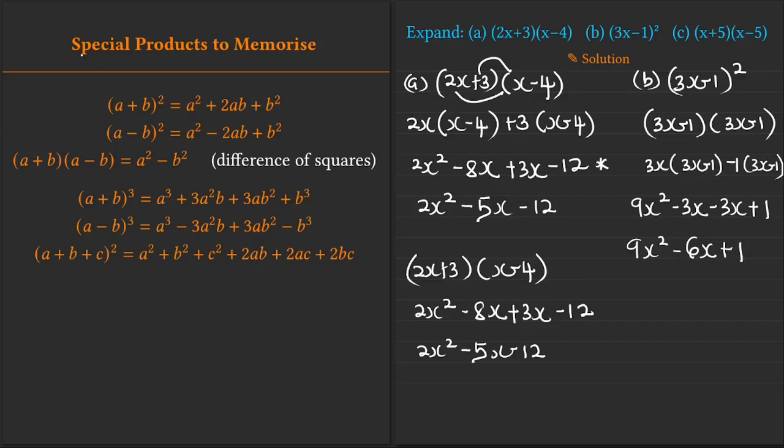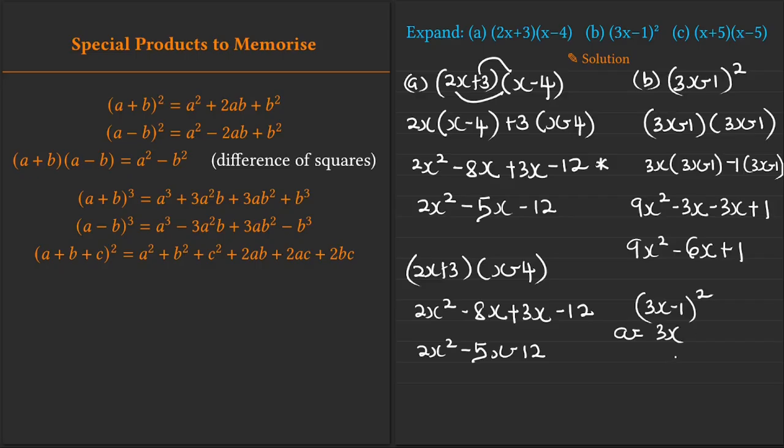But if you look at the special product to memorize we wrote over here, what we have here is in this form, that is a minus b all squared. So if we have 3x minus 1 all squared, in this case, our a would have been what?